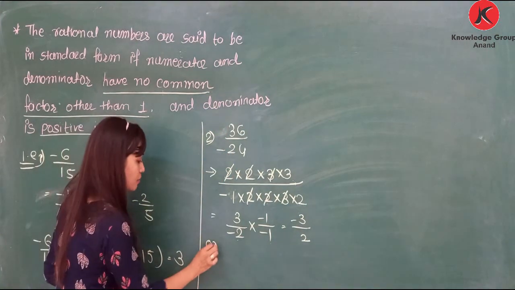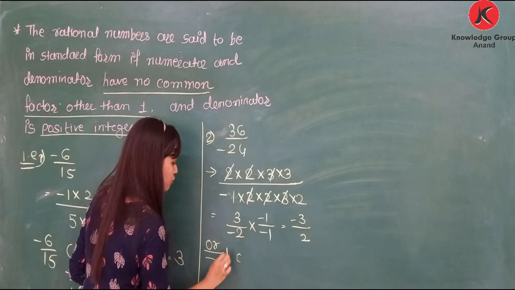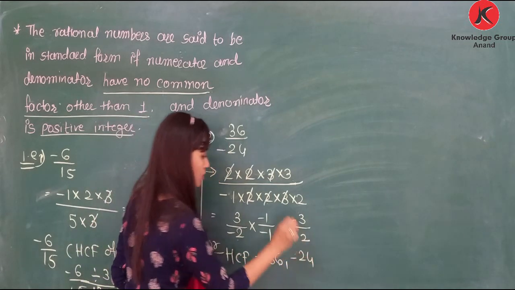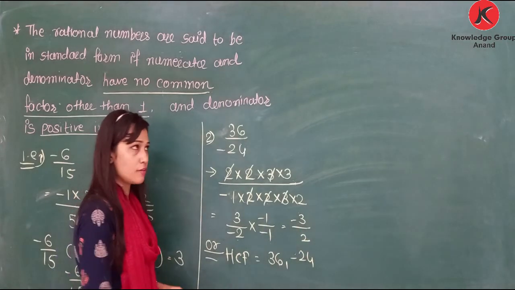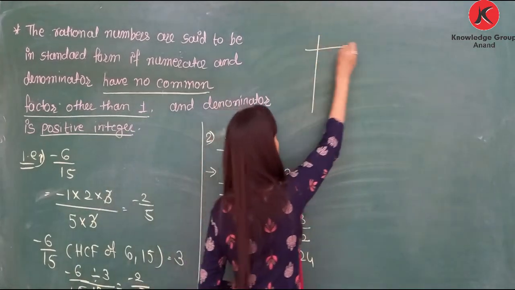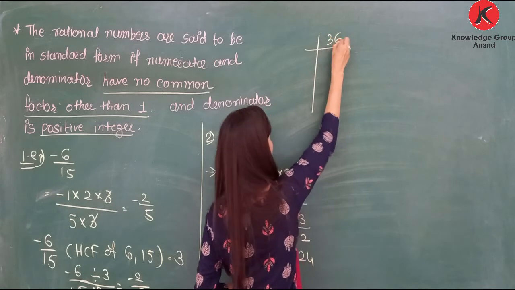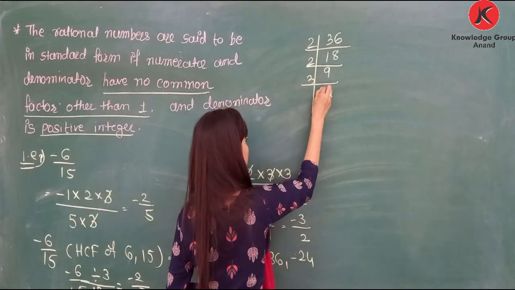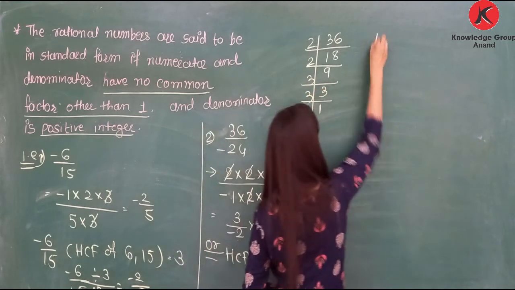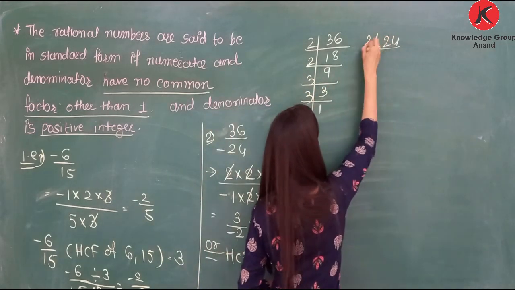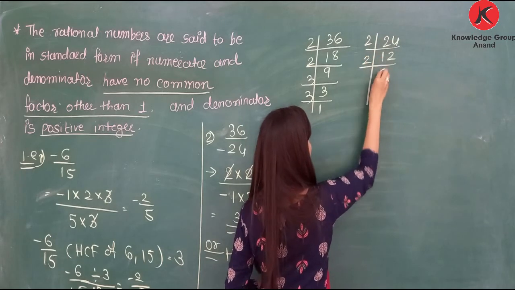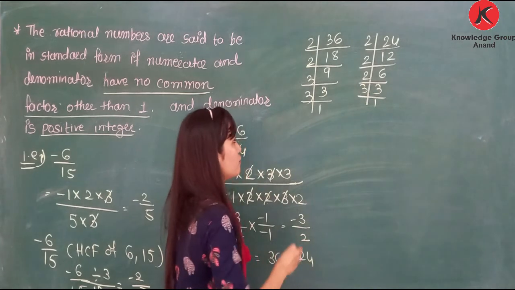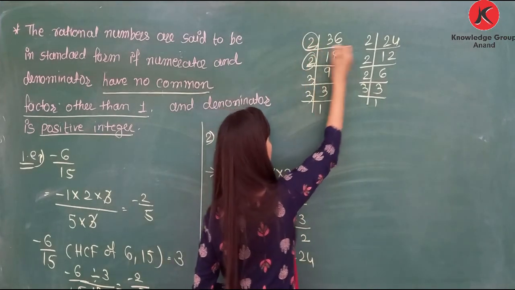Or we can use the method of finding the HCF of 36 and minus 24. For that you need to use the concept of HCF. Let's find. These are the factors of 36. These are the factors of 24. Now find the common factors.